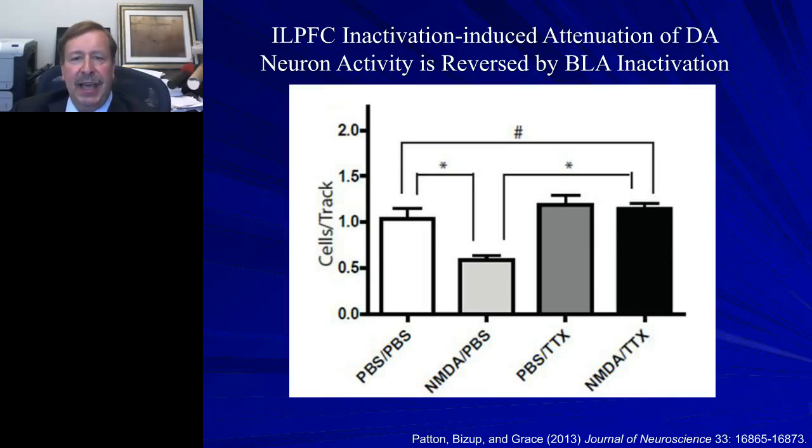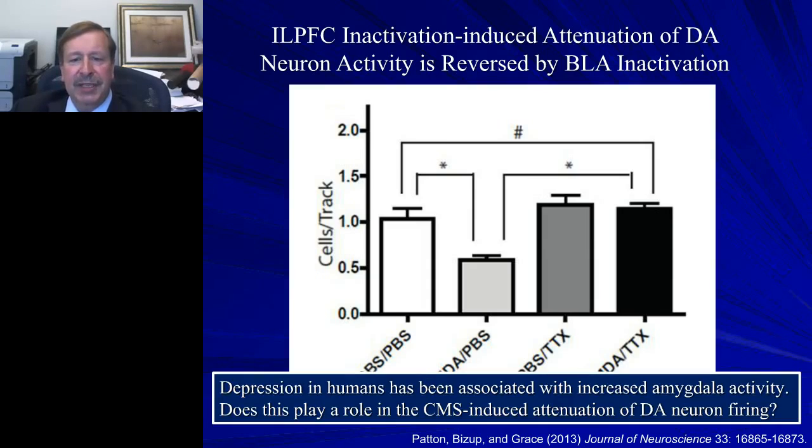And this is the basolateral amygdala. In addition to the infralimbic prefrontal cortex being hyperactive, the basolateral amygdala in depressed patients is hyperresponsive. And in fact, if we put TTX to inactivate this basolateral amygdala, what we find is we prevent the effects of NMDA-induced decreases in dopaminergic neuron firing.